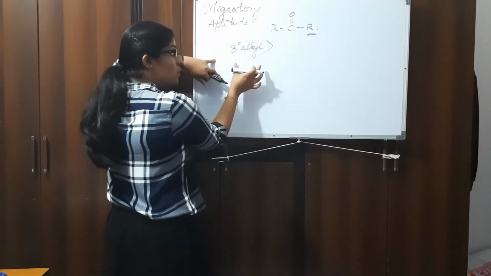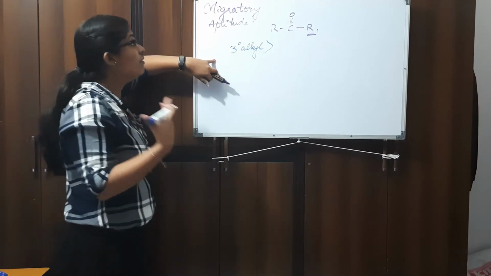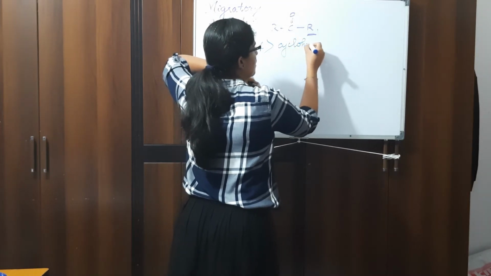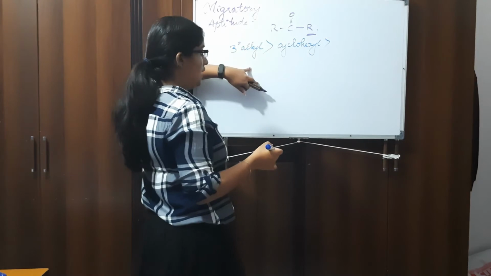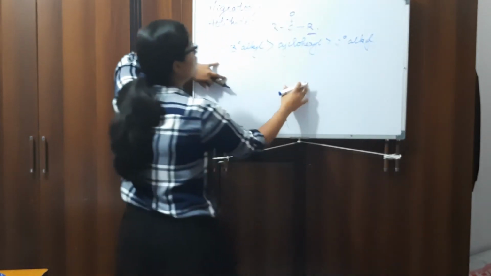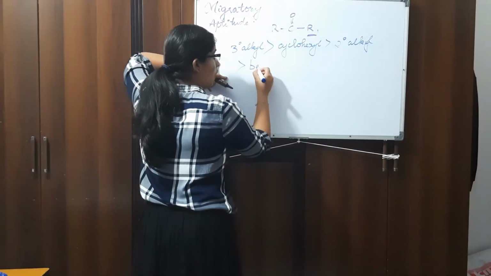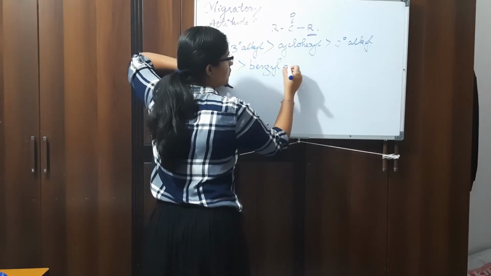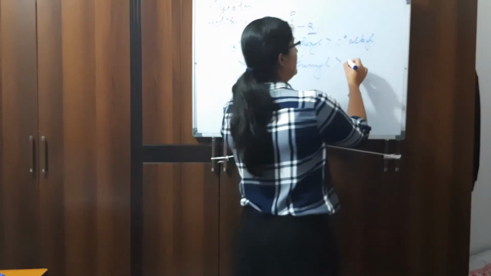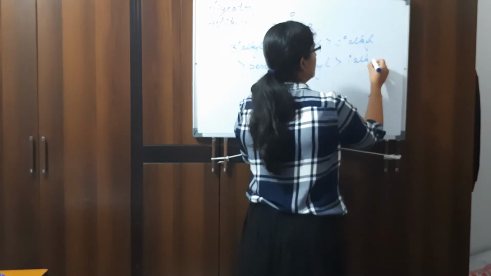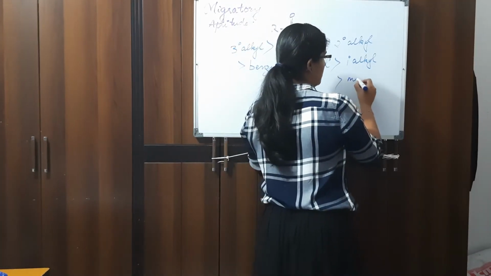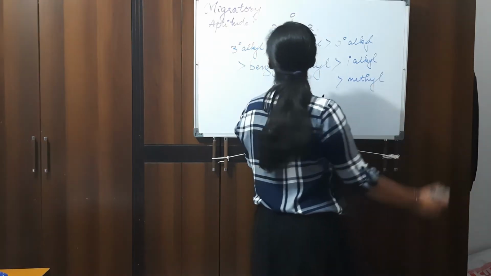tertiary alkyl group is the most predominant, or it would prefer migration faster compared to cyclohexyl groups, in comparison with secondary alkyl groups, and then comes benzyl or phenyl, which has almost similar migratory aptitude, and then I have my primary alkyl group, and at the end last I have my methyl groups, which has least preference for migration.